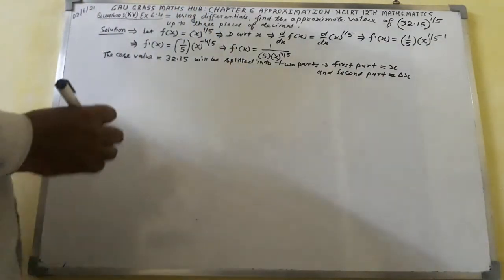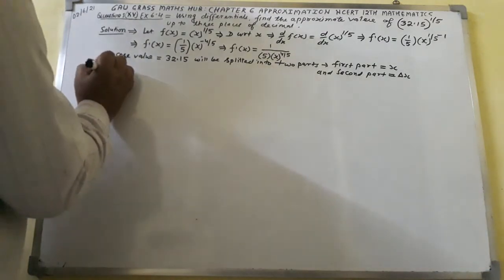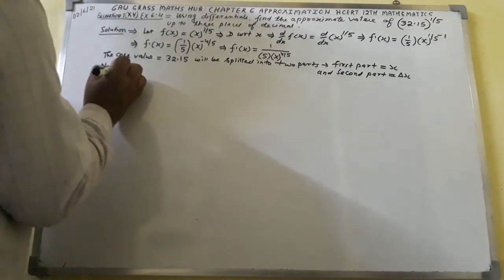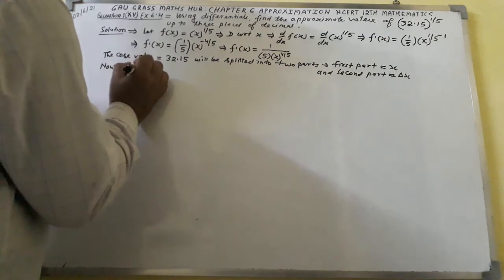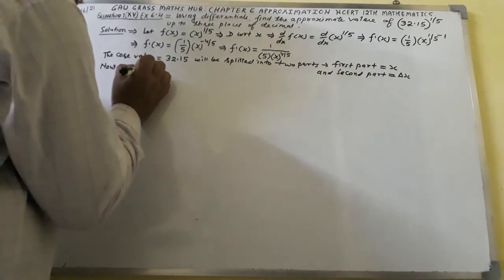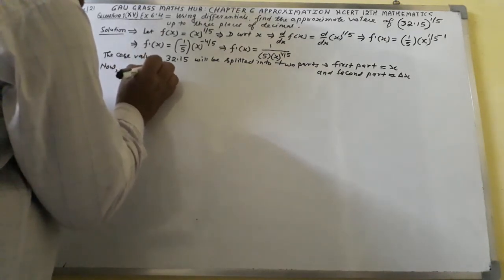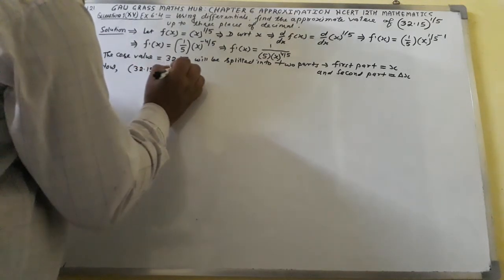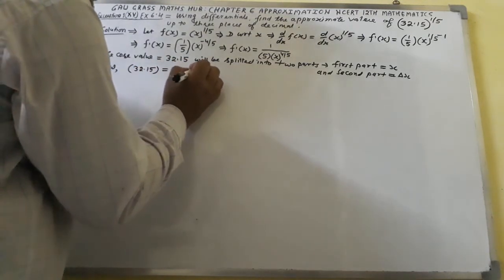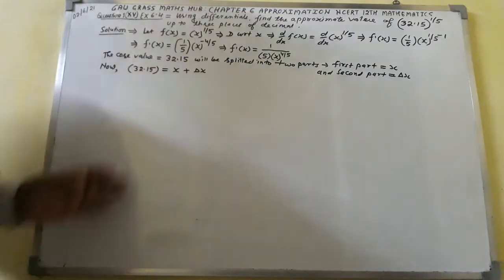So 32.15 equals x plus delta x. This thing will be there.